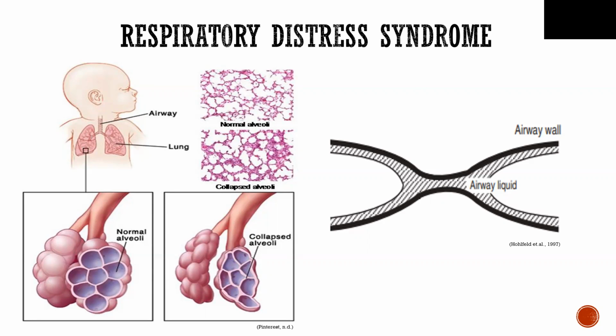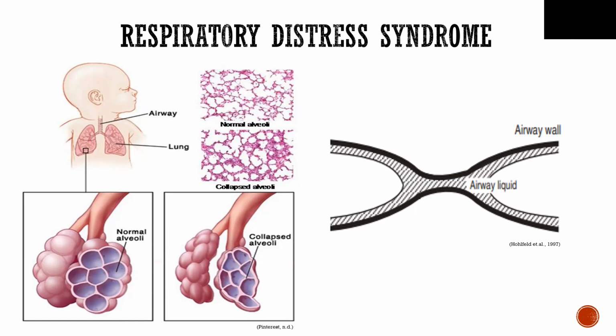Thus, premature babies born before this time are at higher risk, because the production of surfactant is not significant enough to aid their respiratory system. So a lot of them will have respiratory distress.